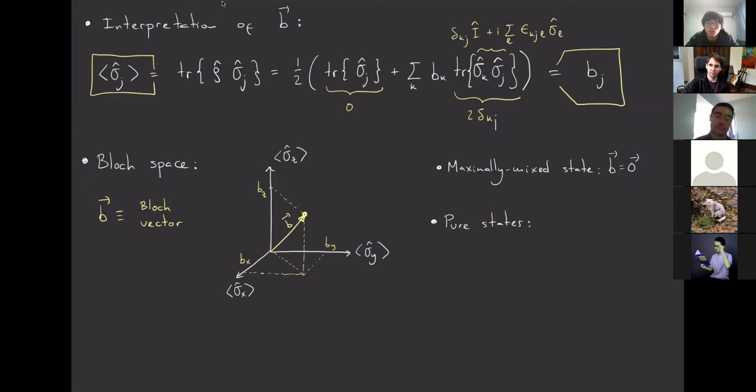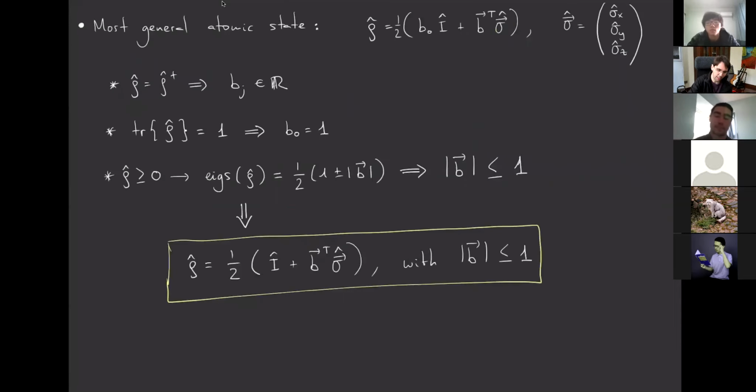But all of them must satisfy something very special, because we have seen that the eigenvalues of the density operator are 1 plus minus the absolute value of B, the magnitude of B. But if I tell you that rho is pure, it means that it has only one projector contributing to the mixture, which means that it has one eigenvalue equal to 1, and all the rest are equal to 0. That's the definition of a pure state. Mathematically, we say that rho is a rank 1 projector.